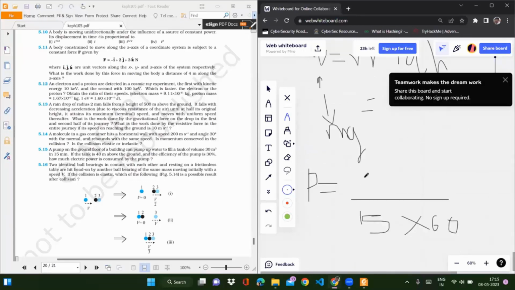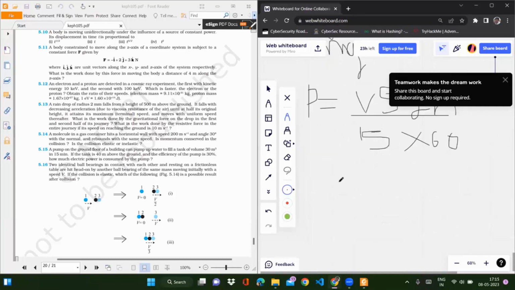And here mgh we will take as rho V g h, where rho is the density. V is 30, h is 40 meter, g is 9.8.